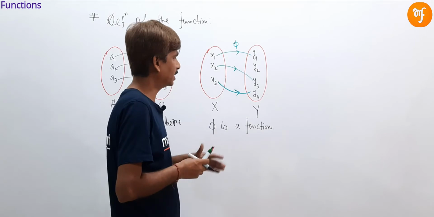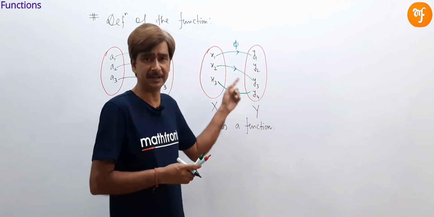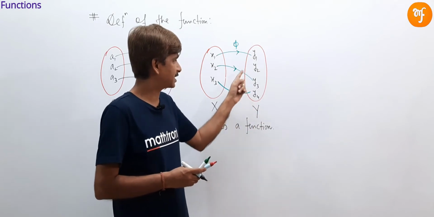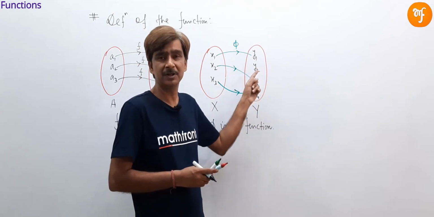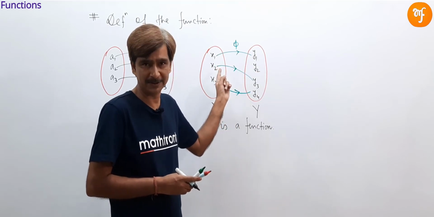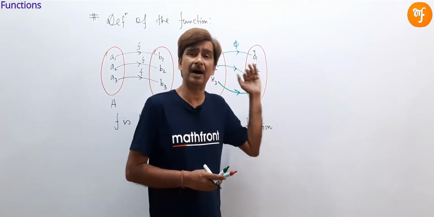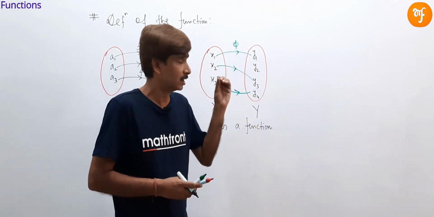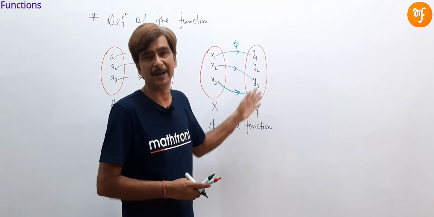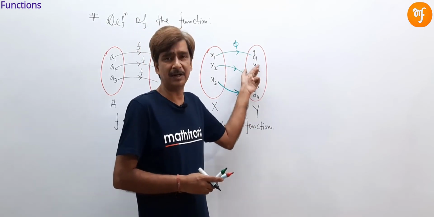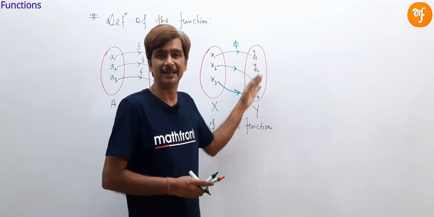Now look, one important thing here: in this codomain set Y, there is an extra element y2 which does not represent the image of any corresponding domain element. But this does not violate the definition of a function, because the definition of a function says nothing about the codomain elements. So there may be an extra element or more than one extra element present in the codomain.